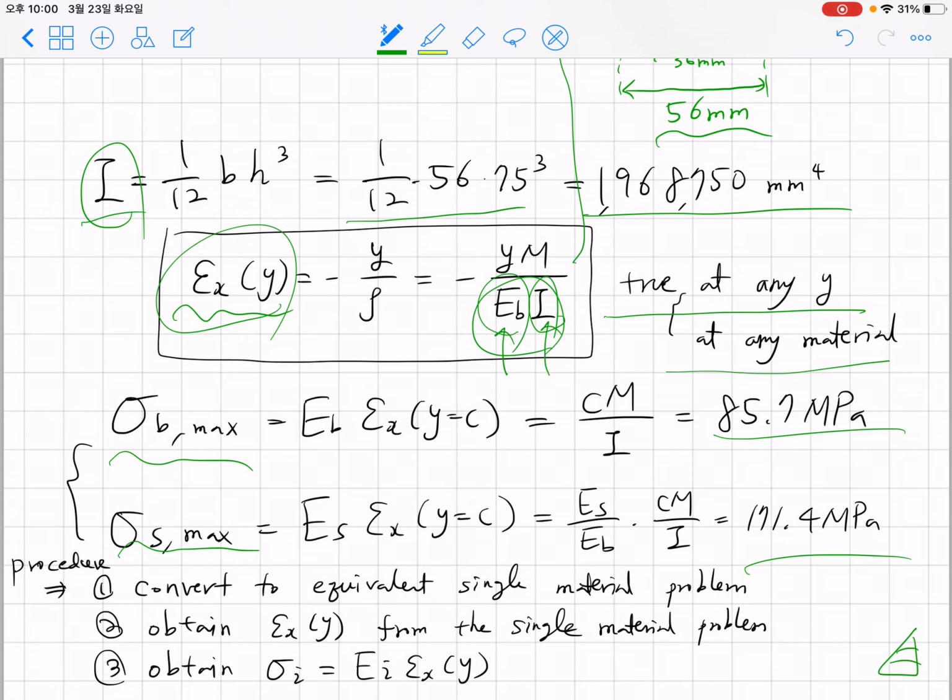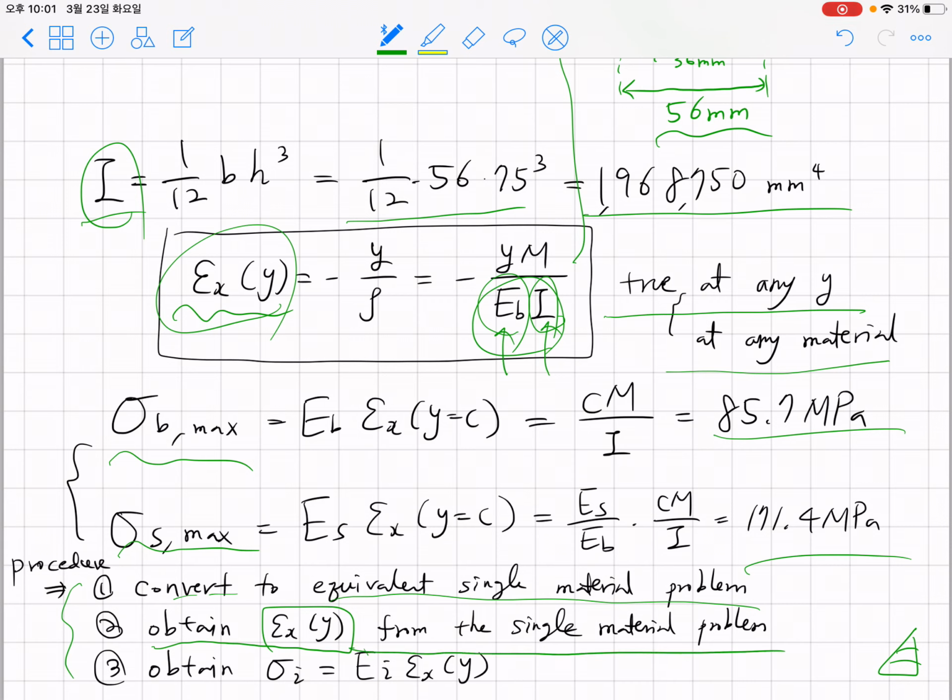Okay, so to summarize the procedure, here we go. You first have to convert the problem into an equivalent single material problem by tuning the width of the material, using one material as a reference. Then after solving this problem, you obtain the normal strain distribution, which is a simple linear distribution from the single material problem.